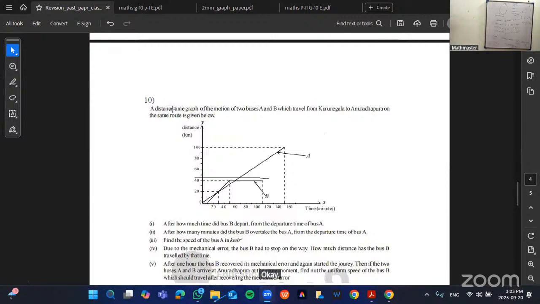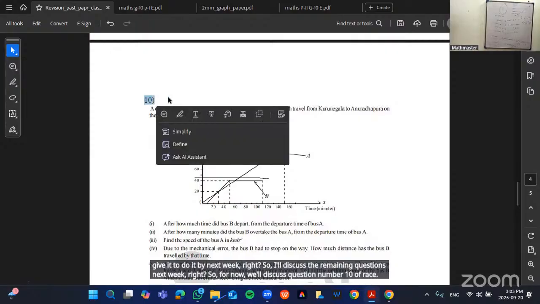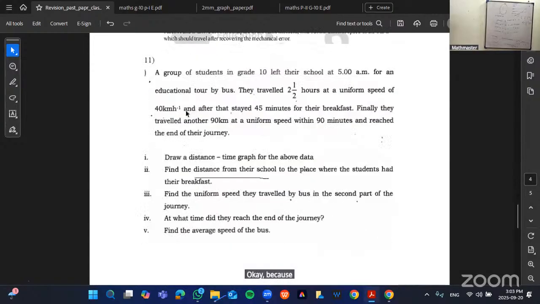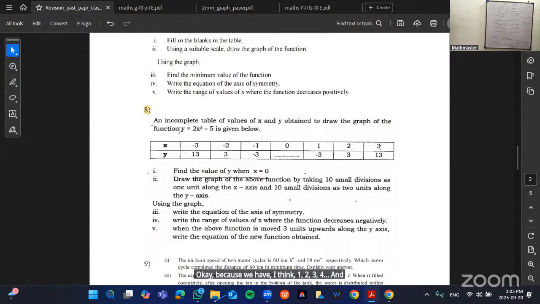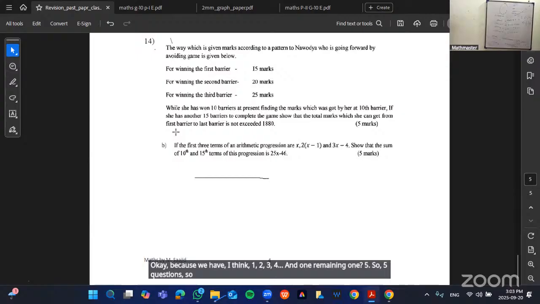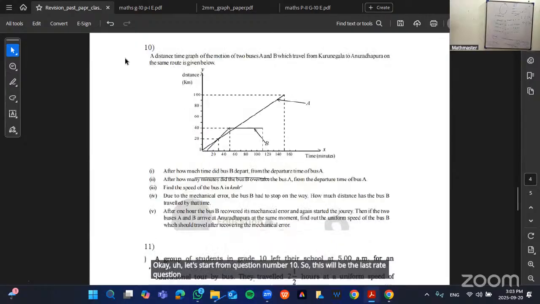We'll do question number 10, and the remaining questions I'll give you to do by next week. I'll discuss them next week. There are 5 questions remaining. Let's start from question number 10, the last rates question for today.